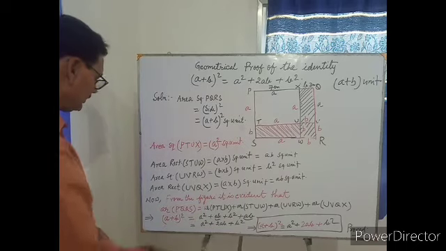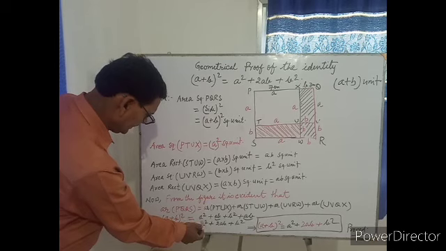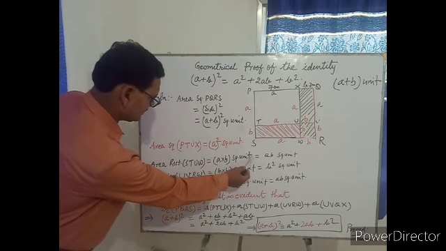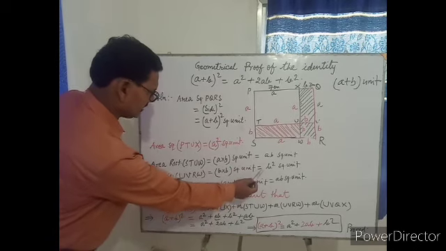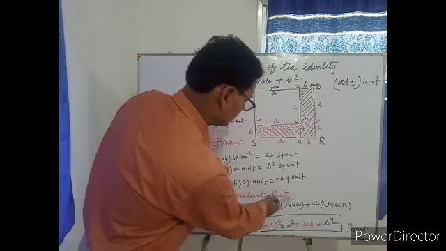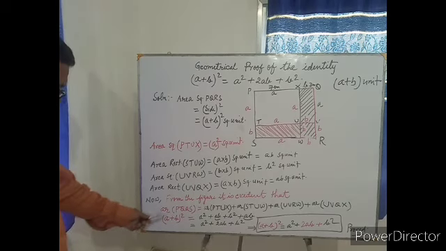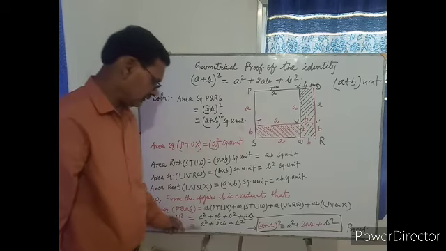And so if you put the values of these areas, it is a square, this is ab unit, this is b square unit, and this is ab square unit. When you add these, you will have (a plus b) whole square is equal to a square.